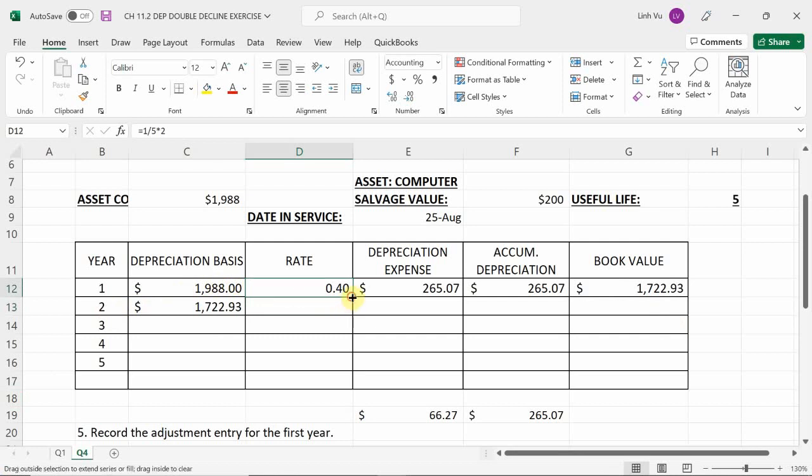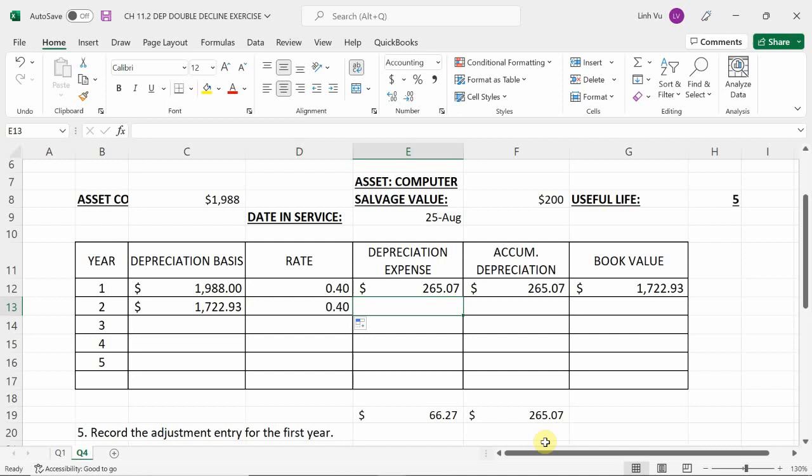40%. Now, in this case, if I put my asset into service as of September, that's when I start depreciating it. If I'm starting on the new year of January 1st and I'm depreciating it for a whole year for the second year, my calculation is going to be straightforward, because I already calculated my partial years in the very beginning.